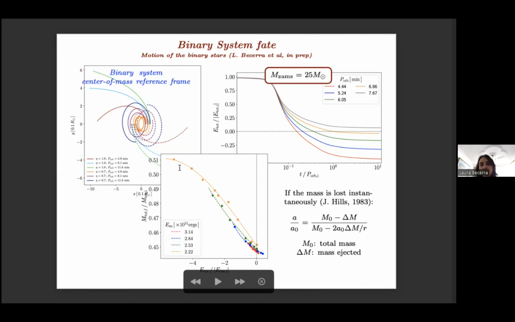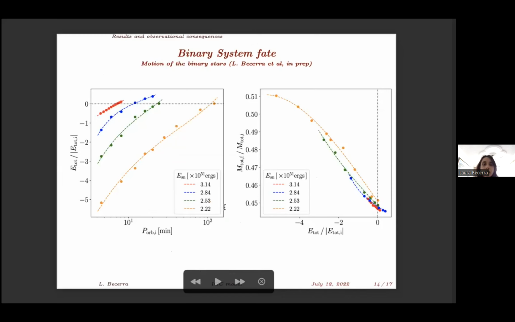This is because we are dealing with short binary periods, so the time scale of the orbital motion and the time scale of the supernova expansion are of the same order. So the assumption of the other statement doesn't apply to the system, and also we are going to have accretion on both stars, the neutron star and the neutron star companion, an accretion of high order that cannot be neglected.